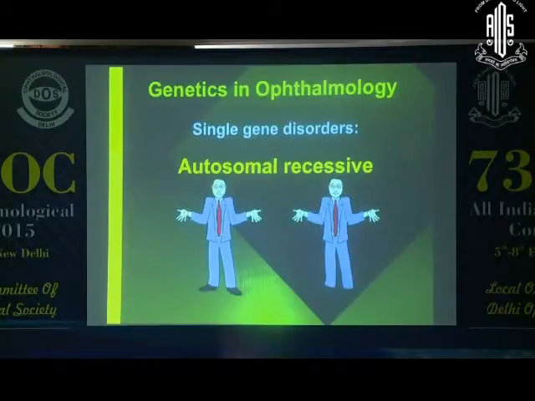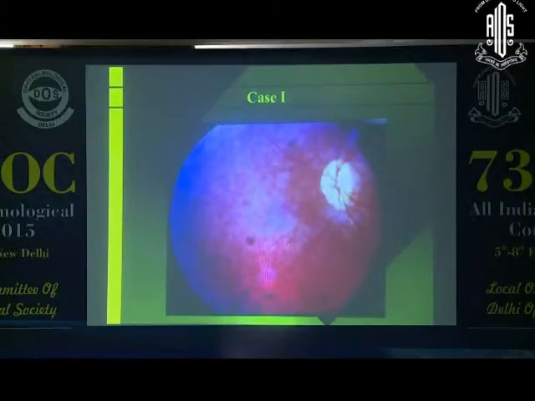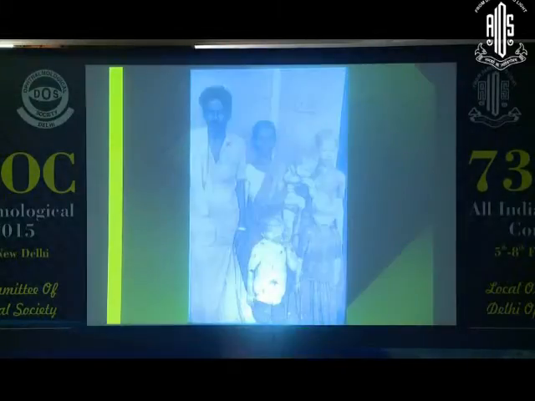Let's move on to autosomal recessive conditions in the second category of single gene disorders. Most commonly you see retinitis pigmentosa, and this is another family with oculocutaneous albinism, which is autosomal recessive, and they also have foveal hypoplasia.